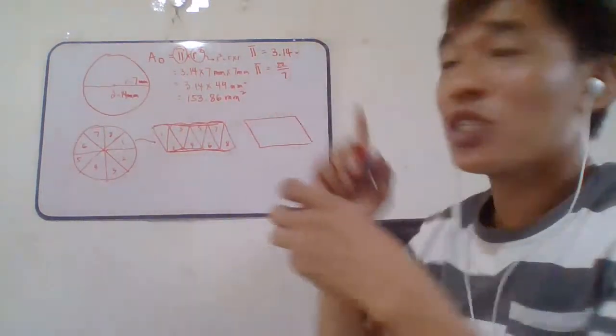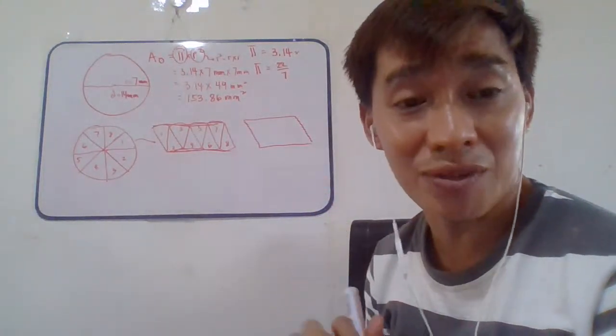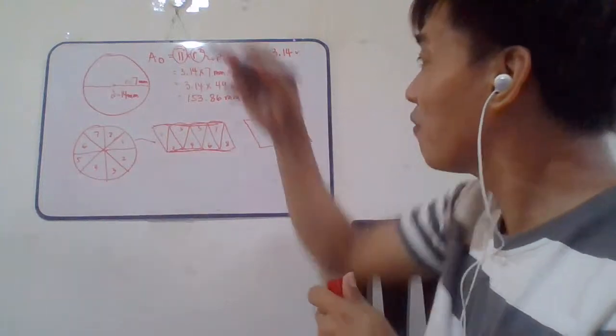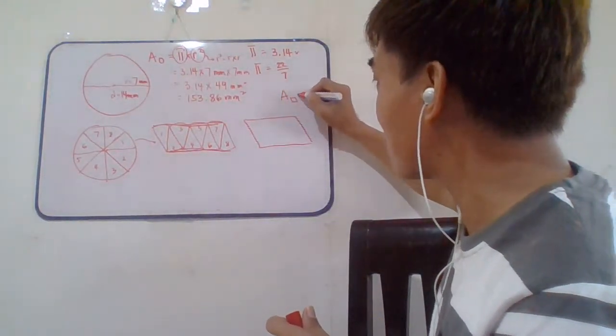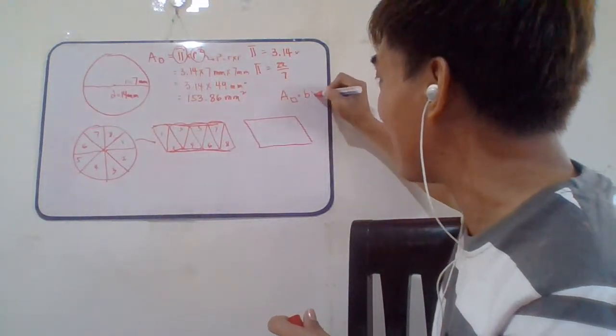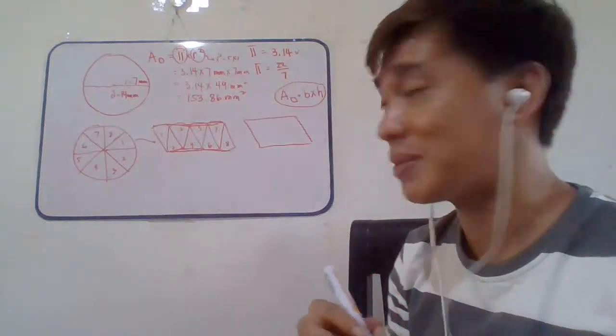And actually, this would look like a parallelogram. To get the area of the parallelogram, that is just base times height.